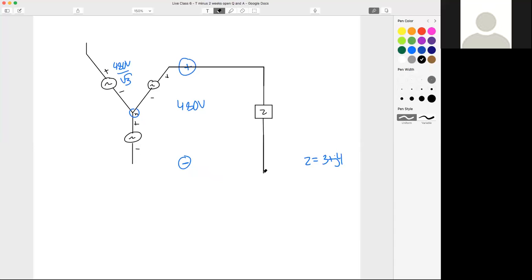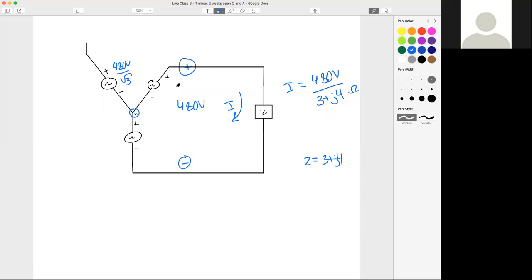Okay. Now let me know in the chat. Someone tell me what our current is. Yes, exactly. 480 over Z. Now, is this a 3-phase source or is this a single phase source?